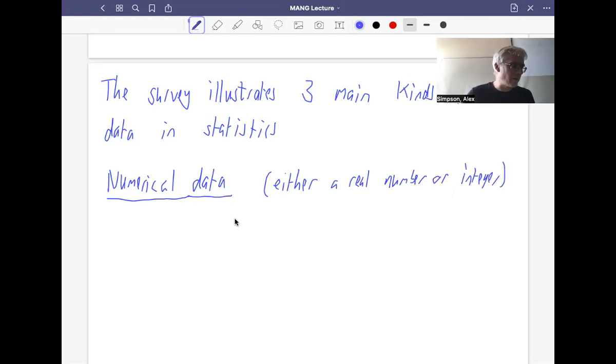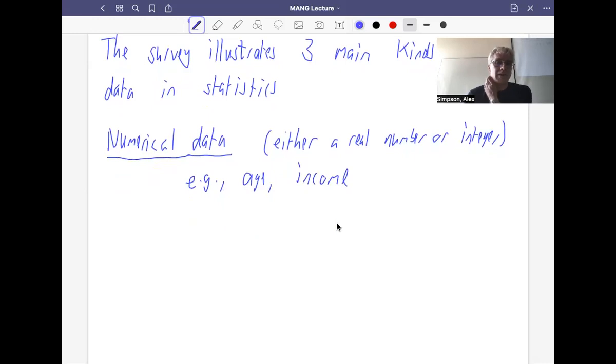Examples of numerical data from our survey are age and income. Those are both numbers. In this case, they can both be integers, so age in years and income in euros, which we don't want. We're not interested in the cents there. So these can both be represented by integers.